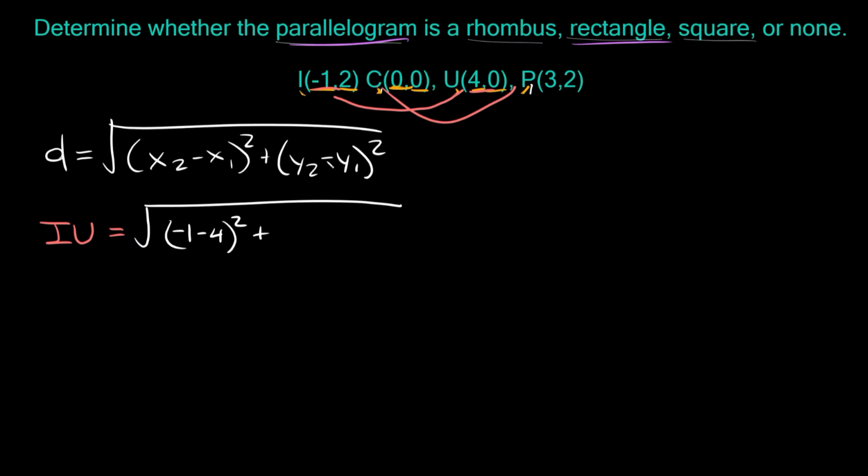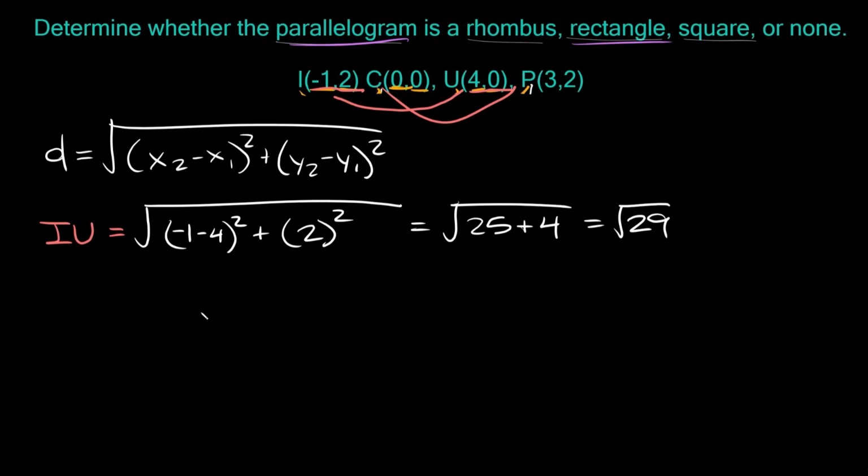And now let's subtract the y coordinates. So the y coordinates are 2 minus 0, which is just equal to 2, right? So we got 2 squared. So this is going to be equal to -1 minus 4 is -5, and -5 squared is 25. Then here, 2 squared is 4. So the distance from I to U is equal to the square root of 29.